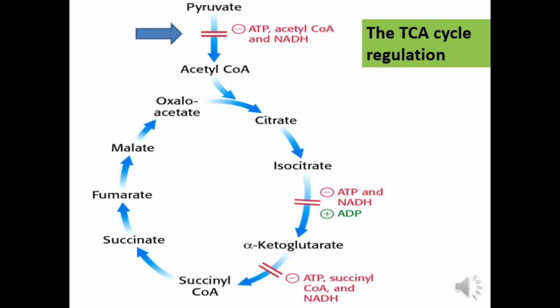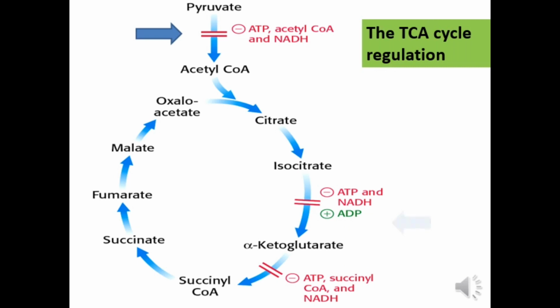Circle with positive, this means activation. The ATP, the aim of this reaction is production of energy. When there is enough energy, this will cause feedback inhibition of this enzyme. Also acetyl-CoA, because it is the end product, because this enzyme convert pyruvate into acetyl-CoA.